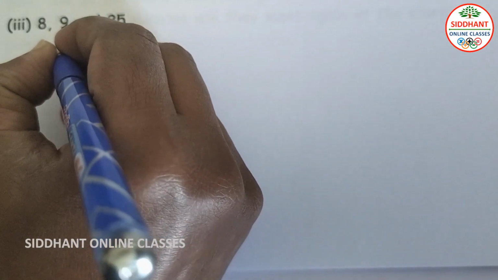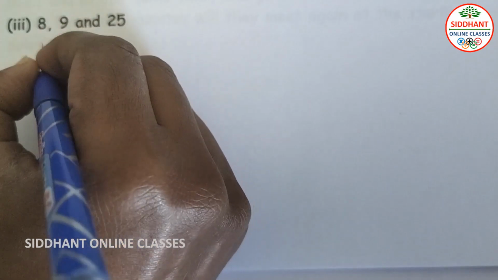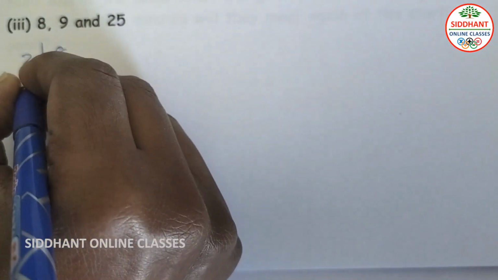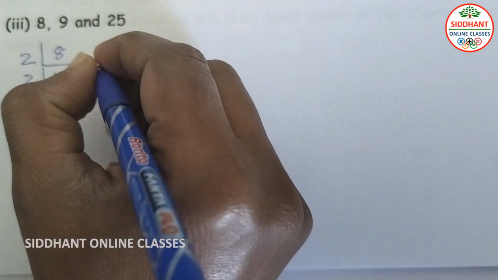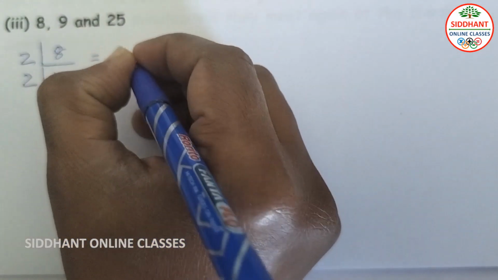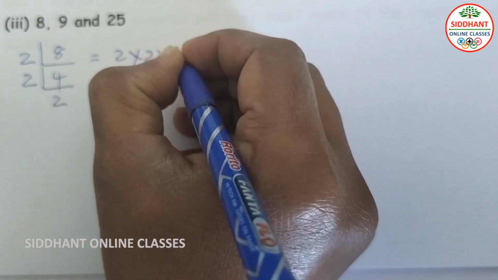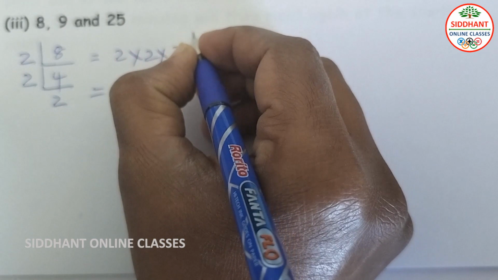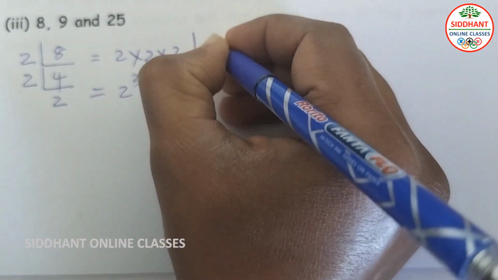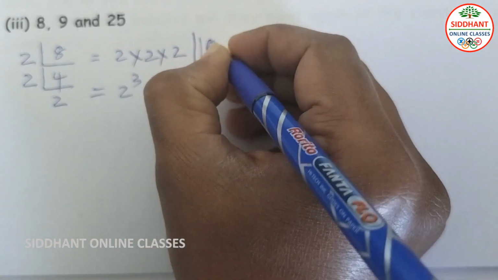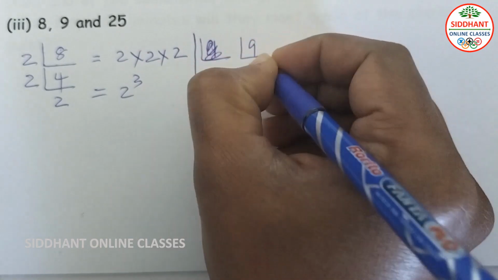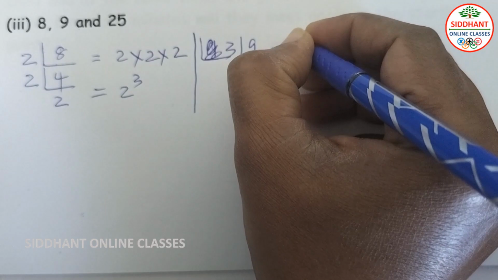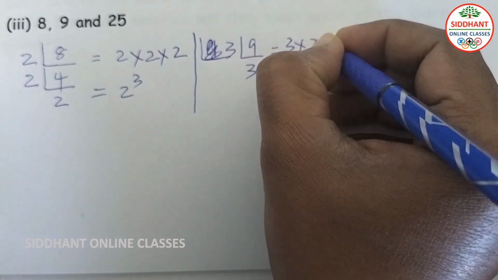So the number 8 divides with 2, here 4, here 2, here 2. So that will be 2 into 2 into 2, which is 2 to the power of 3. Next, 9 divides with 3, here 3, and it will be 3 into 3.